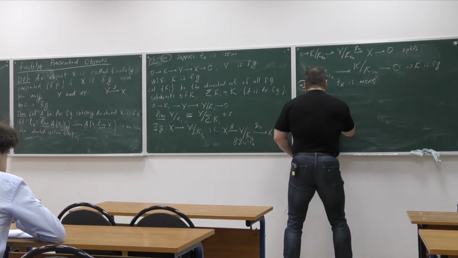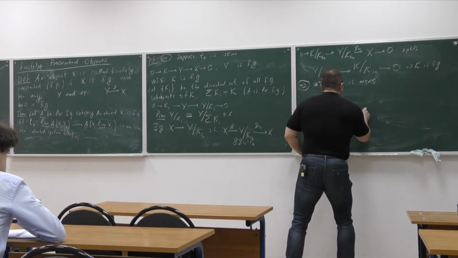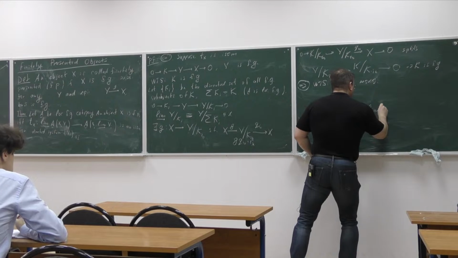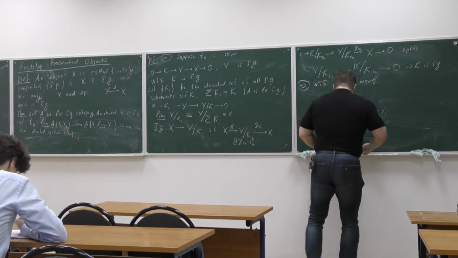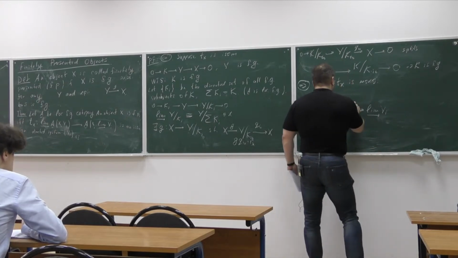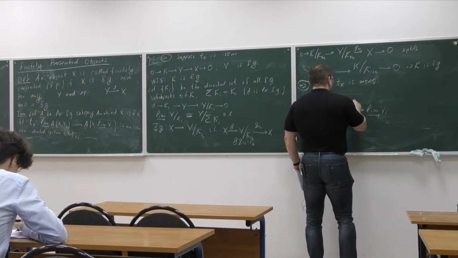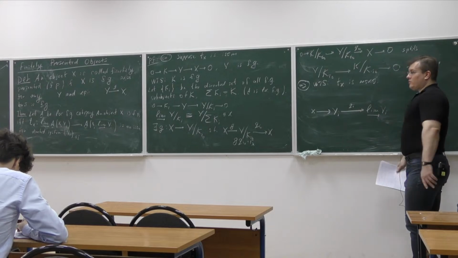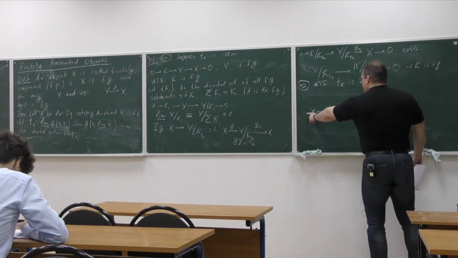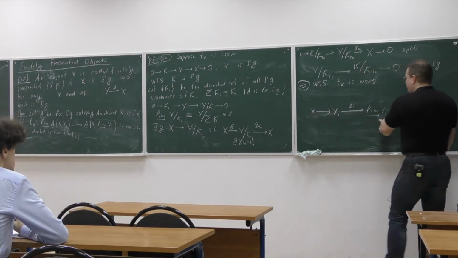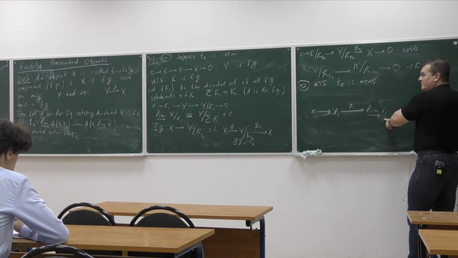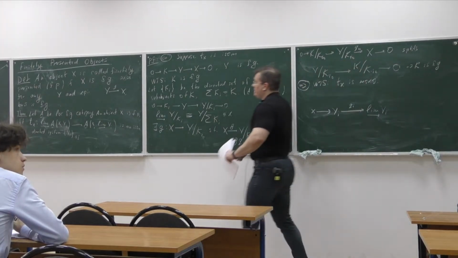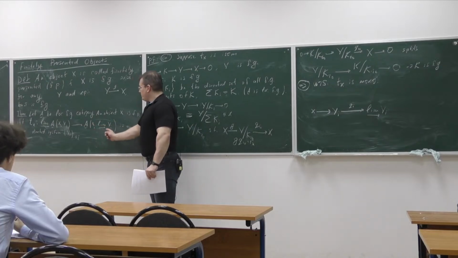So there is a map from x to the y_i and from the y_i to the limit. Let's call these canonical coprojections Q sub i. If I want to show that this is mono, I want to assume that this composition is 0. So this map here that I consider has to be 0.